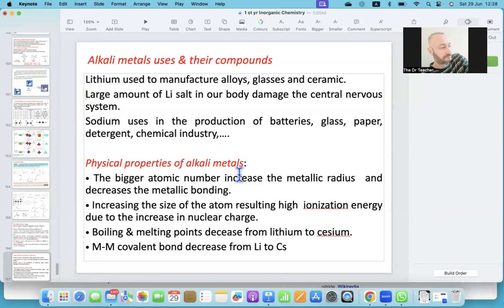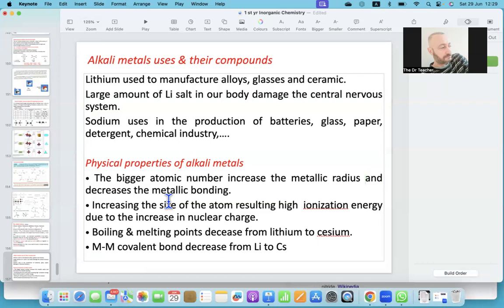Physical properties of the alkali metals. Bigger atomic number increases the metal radius, of course. We have a bigger atom, the radius is big, and it decreases the metallic bonding, because the electrons will be in higher energy levels. They are very far from the nucleus when they have a bigger atomic number, and this decreases metallic bonding.